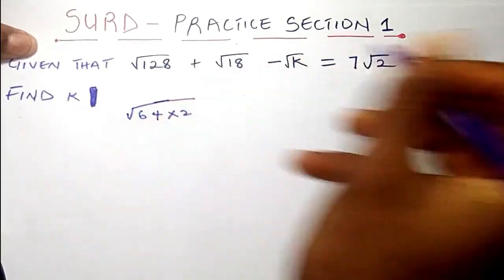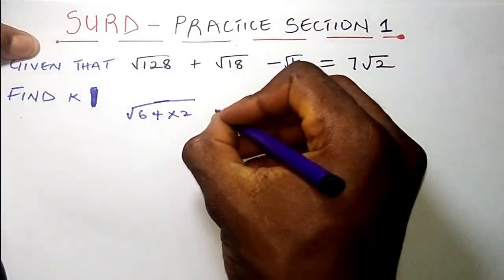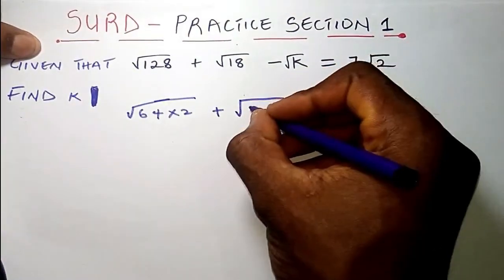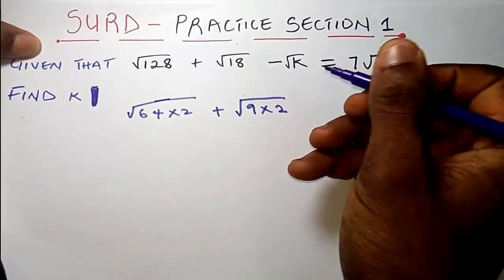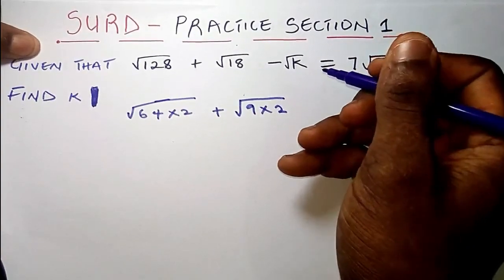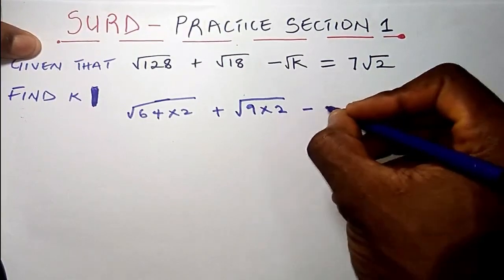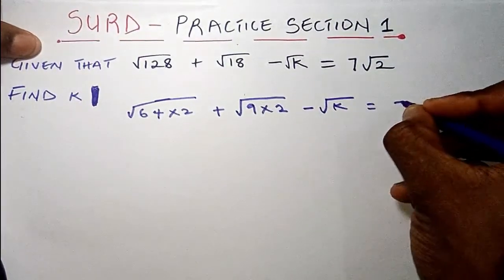So let me just put this like this. Okay. Then root 18, obviously we're going to see that 9 times 2 works perfectly for us to simplify it, because 9 is the highest perfect square that can go into 18 evenly. And we're going to have root k here equals 7 root 2.